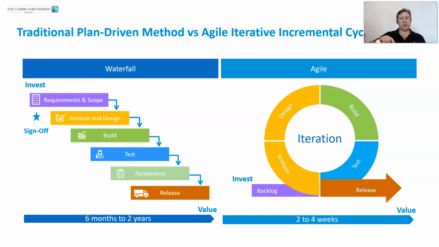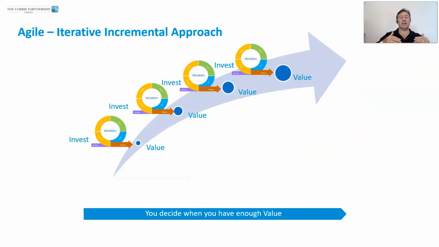So what we're doing is delivering value earlier and more often, but we're delivering small chunks at a time. We continue to go through those cycles, through those iterations, until we get to the place where we have delivered all the value we want to, or the value we can.